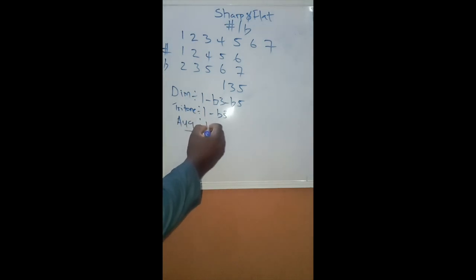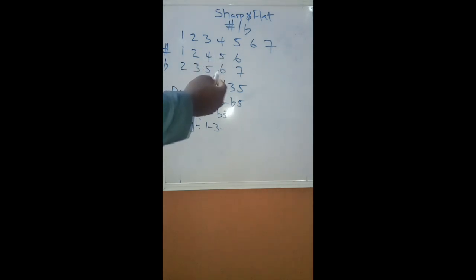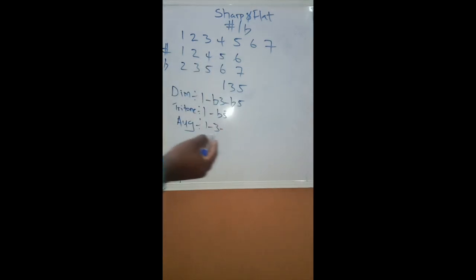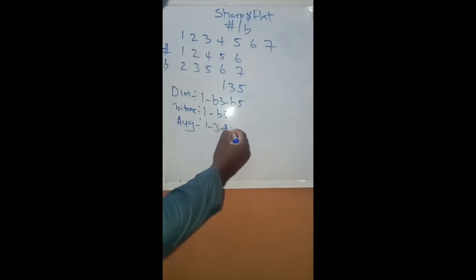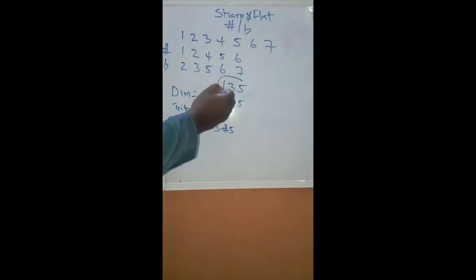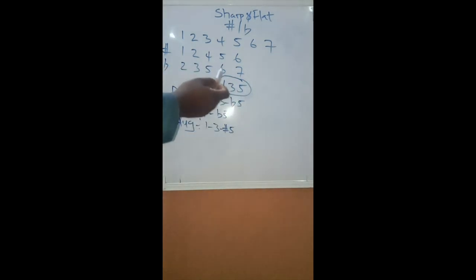If I have my 1, the 3, I have what's called the sharpened 5 or the flat 6. So I'll write sharp 5, because we are dealing with these numbers. Remember, everything we are doing is based on these 3 numbers. So that's why I didn't say flat 6, but I want you to know that sharp 5 is the same thing as flattened 6. All right.